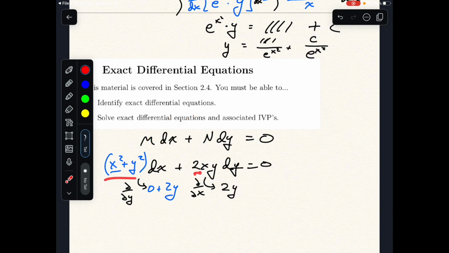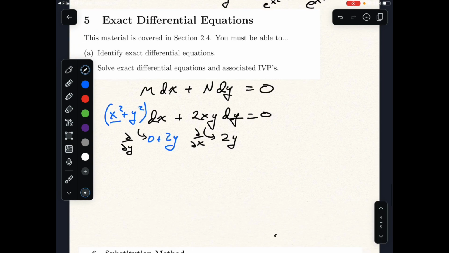Or you could integrate both of those things, collect and combine all like terms for both, and then set things equal to each other. I don't like that one because I don't really like the whole collecting like terms thing. I think it messes a lot of people up. Everyone that tried it on last week's quiz messed it up. So I don't like teaching it that way.